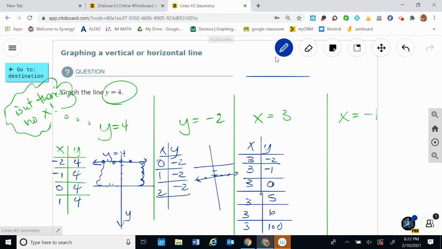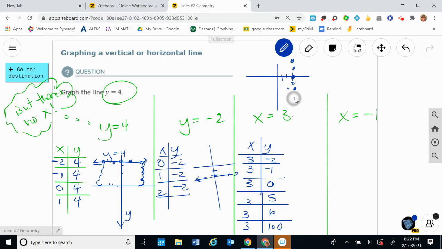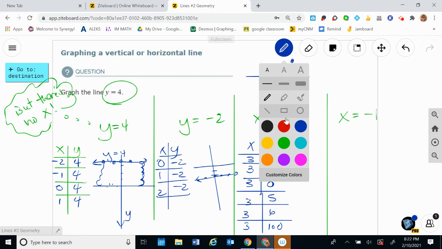So when you graph this one, we go 3, negative 2. 3, negative 1. 3, 0. 3, 1. 3, 2. 3, 5. 3, 100 is way up there. Get it? It's a vertical line.